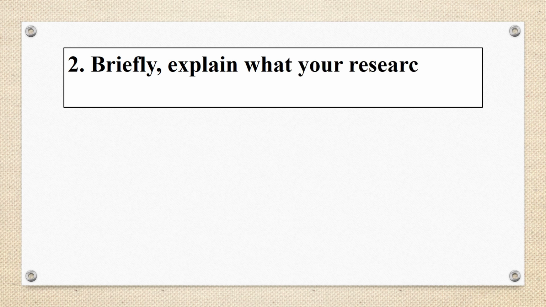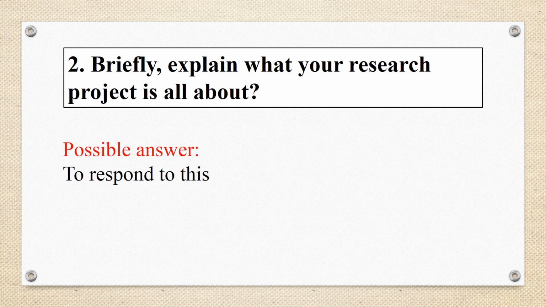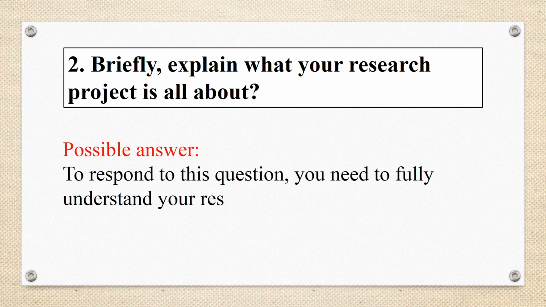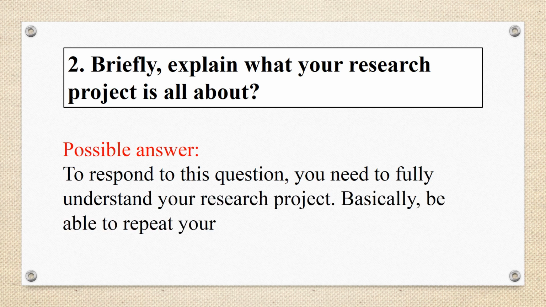The second question is, briefly explain what your research project is all about. To respond to this question, you need to fully understand your research project. Basically, be able to repeat your abstract.